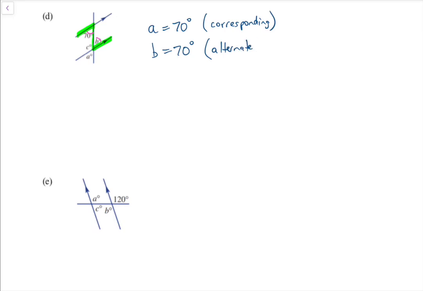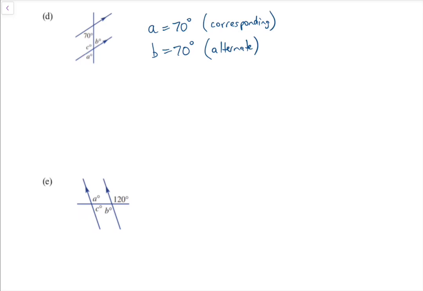Now I could say that. I could have also done this. I could have said that because I've got two lines that cross, these two angles are opposite, so A and B are the same. If I knew A was 70, B has to be 70 because they are vertically opposite. But I went with the alternate on that logic there.